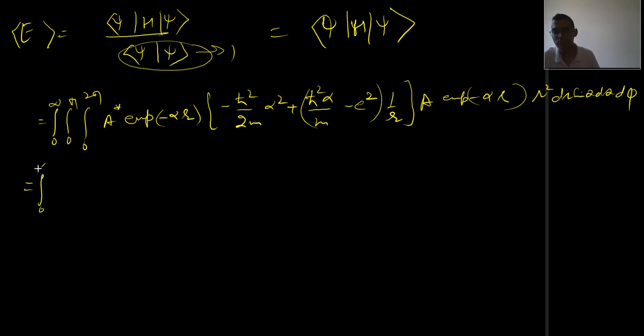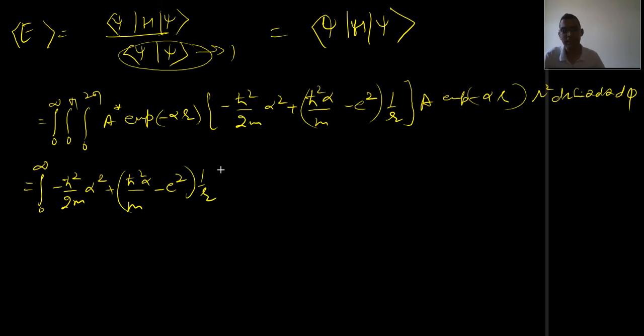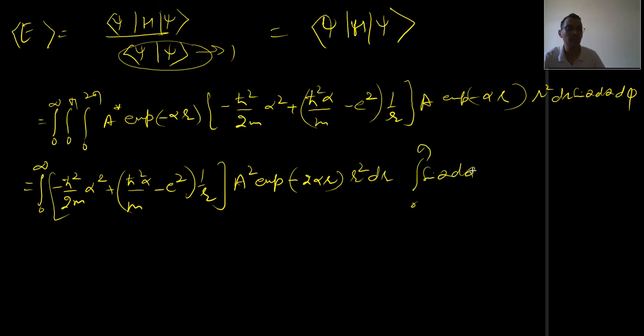So it's 0 to infinity, it is minus ħ² over 2m α² plus ħ² α by m minus e², 1 by r, right, and here it's A² exponential of minus 2αr, and it is r² dr, and sin θ dθ integral from 0 to π, and integral from 0 to 2π, and it is dφ.